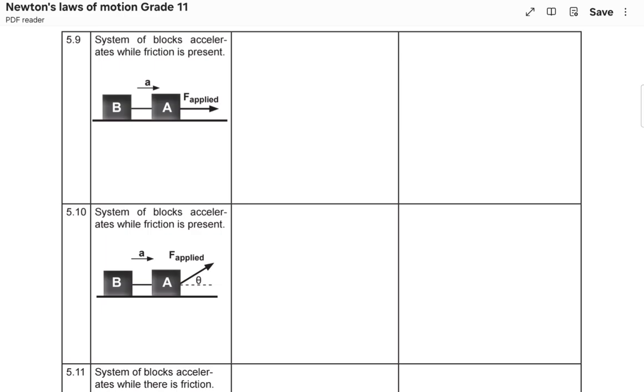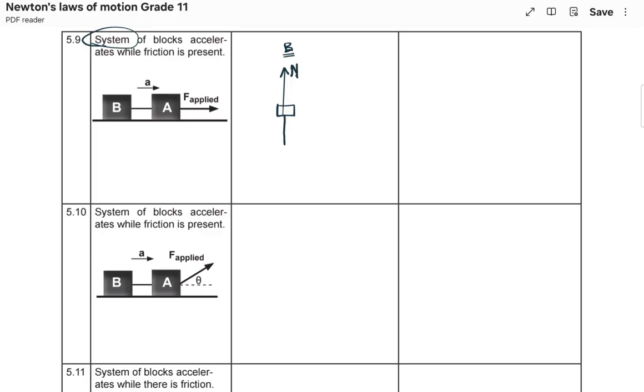now we also have the system of two objects. So this is for B, the free body diagram for B. There's a force diagram. We know that will be normal. I'm going to have normal.